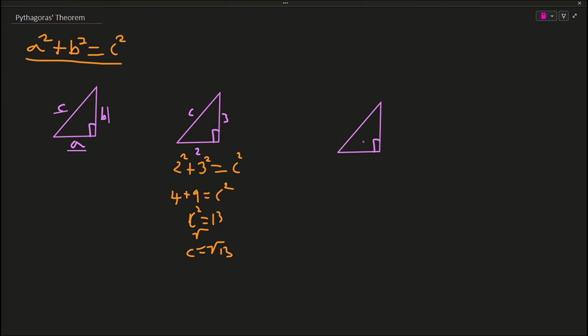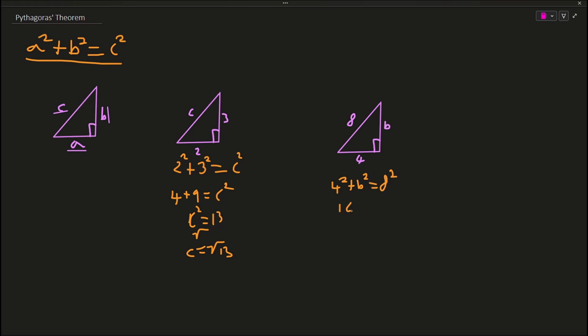So now let's say we know the hypotenuse. We say that's 8 and one of the sides is 4. We're just going to label this as b. Again, we're going to plug in the formula. So we got 4 squared plus b squared is equal to 8 squared.